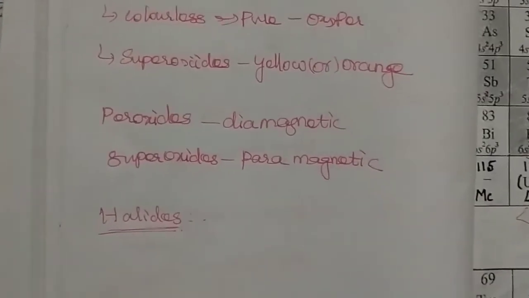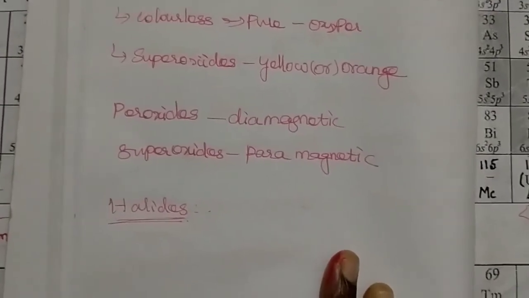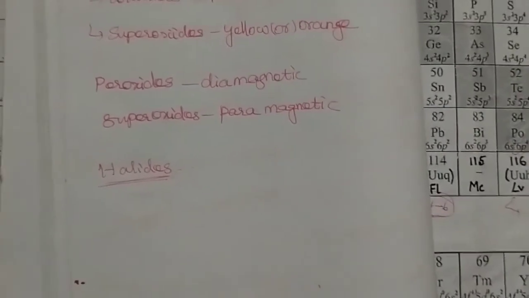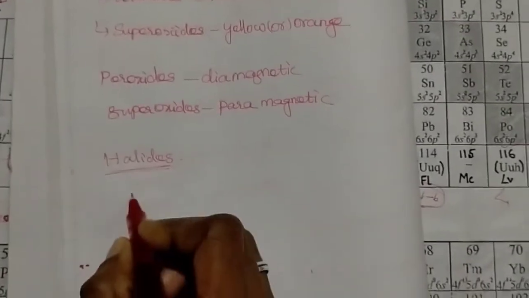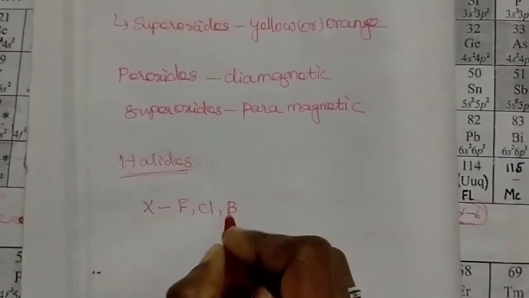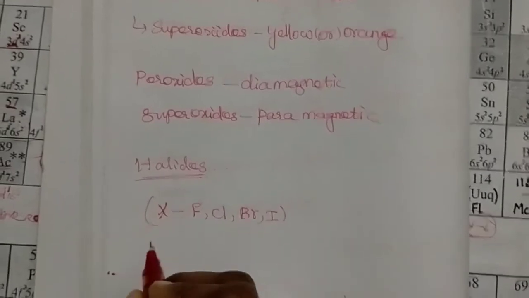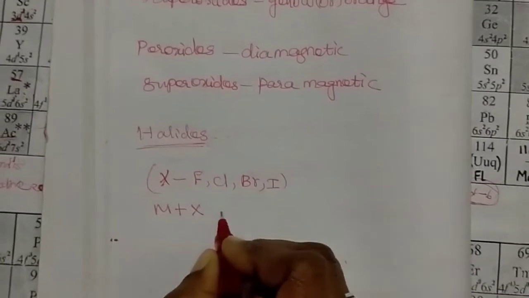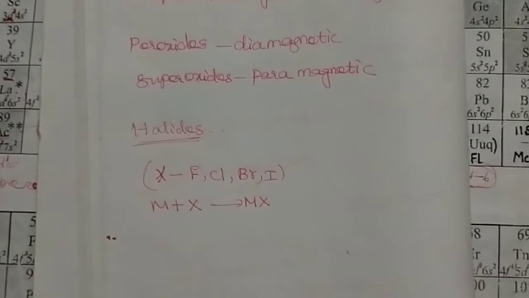Halides, we learned already oxides and hydroxide. These are the general characters of halides. Alkali metals form halides when they react with the halogens. What are the halogens? Fluorine, chlorine, bromine, iodine. So when alkali metals combine with halogens, they form metal halides, that means alkali metal halides.